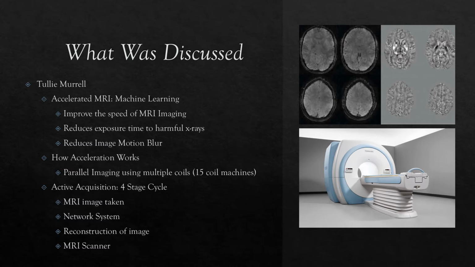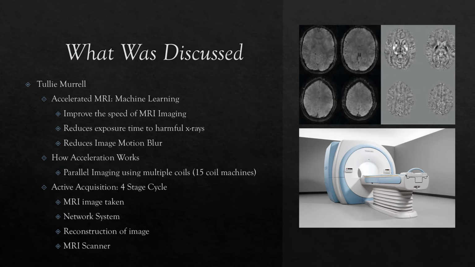So this acceleration works by taking multiple images using multiple coils. He gave the example that his team were working with 15 coil MRI machines that can be used to then take parallel images of patients. He explained that there's an active acquisition cycle that can be broken down into 4 separate stages.